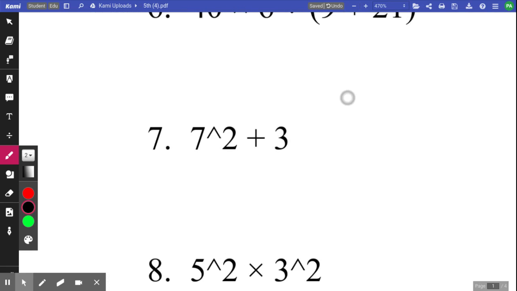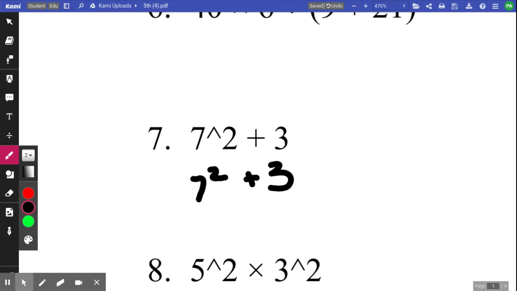We see 7 squared, or to the second power, plus 3. How you would write this is 7 squared plus 3, and what an exponent is, is just repeating the number the amount of times that is the power.